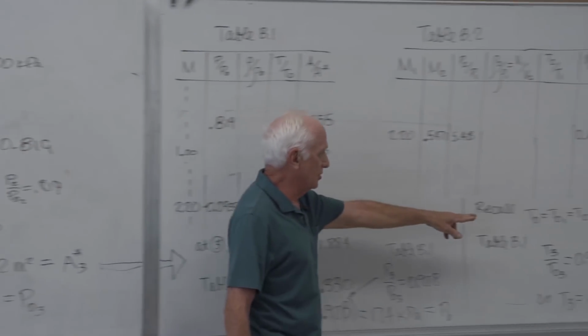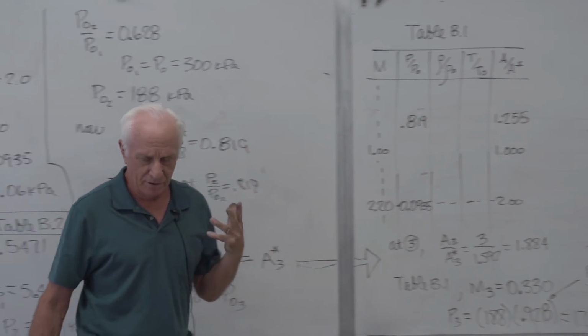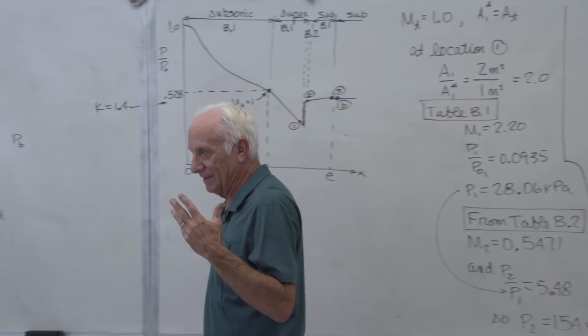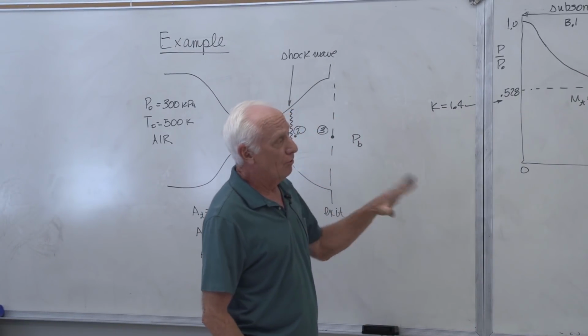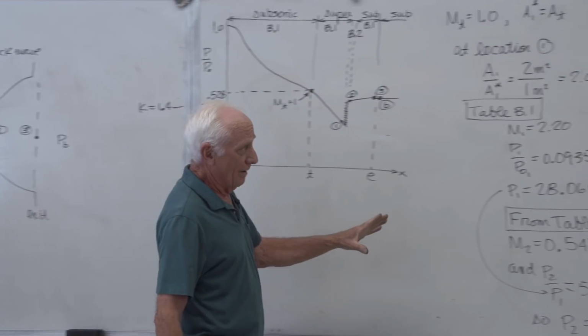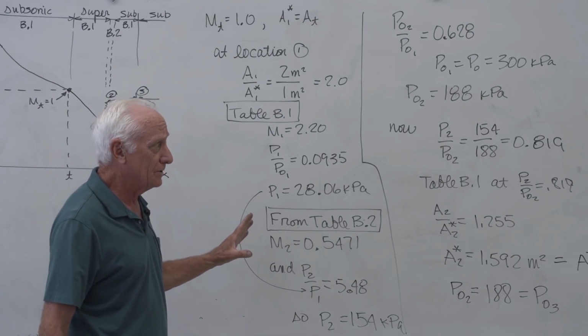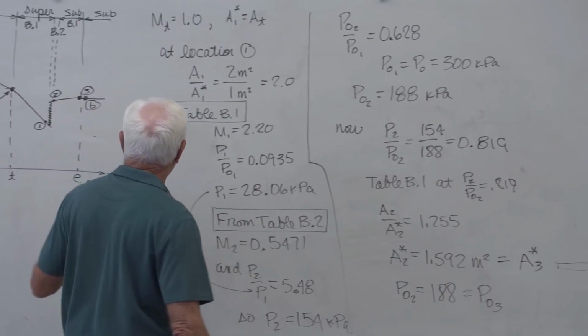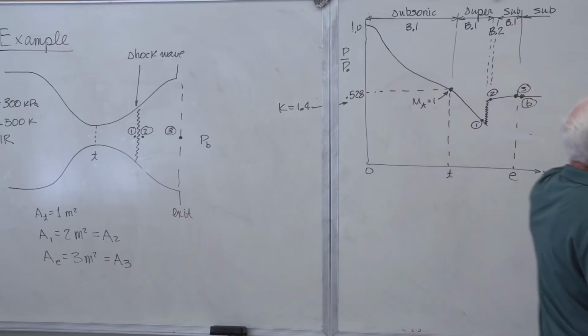T naught doesn't change across the shock. All kinds of rules like that you have to go through to determine where you're going. And sometimes it gets hard to see where you're going. You can do all this by equations, but you can kind of get the idea. It's pretty tough stuff. It really helps to have the roadmap there, and those tables. That really helps to see where you're going and how you're going to get there.